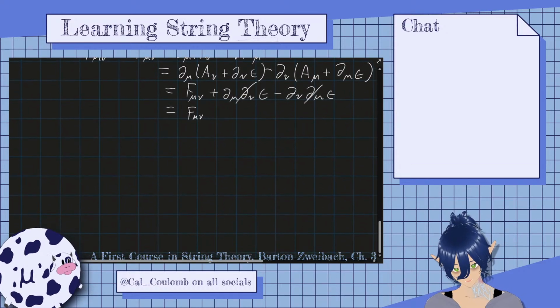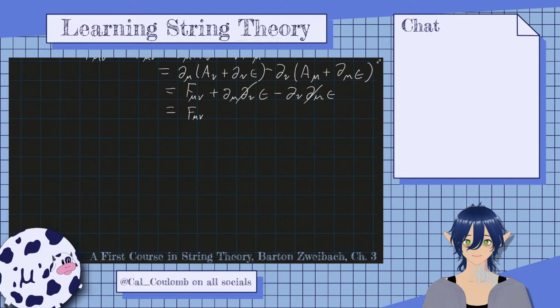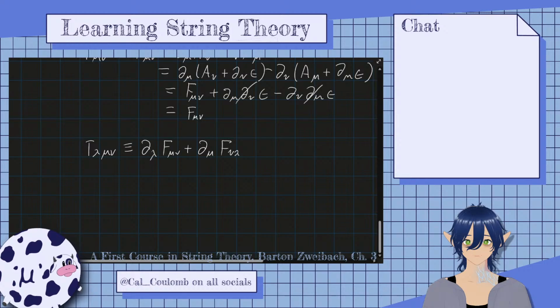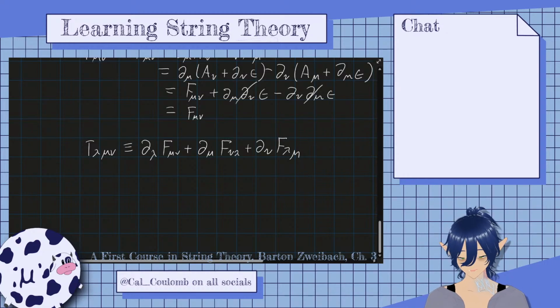So we have T, maybe I'll go down another row. T lambda mu nu is defined as partial lambda F mu nu plus partial mu F nu lambda plus partial nu F lambda mu. I believe these are called the Bianchi identities.